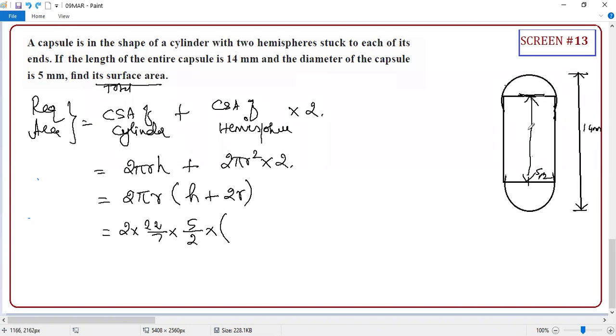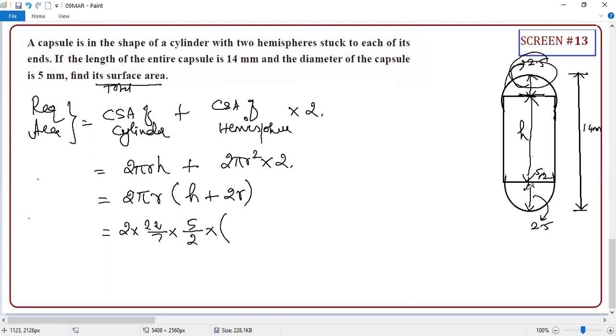And I want to know the answer from Sri Vaishnavi. Sri Vaishnavi, 11.5? No, you tell me what is the height of this hemisphere? Hemisphere 2.5, sir. 2.5 here, 2.5 here also.